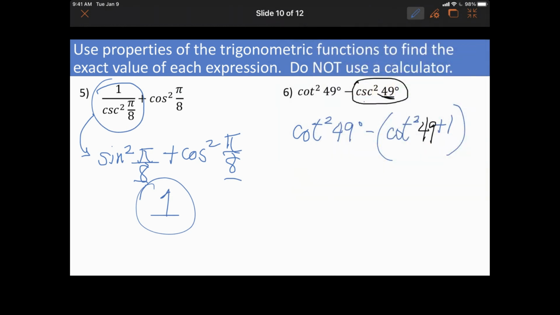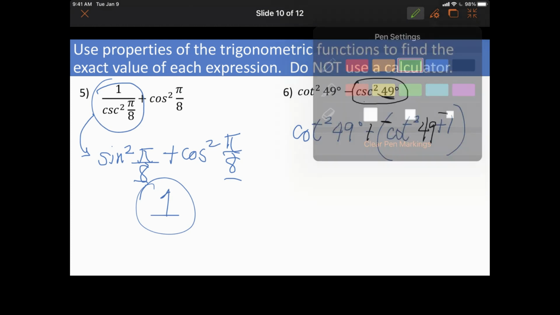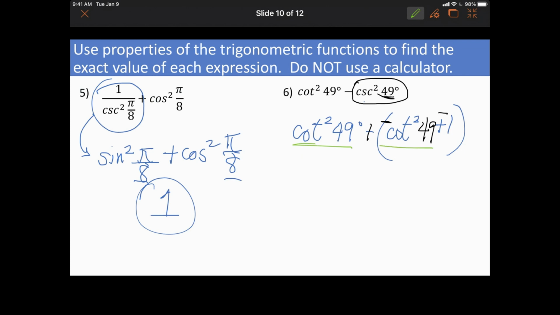The parentheses are important because when you change the signs, this 1 becomes negative because you have to distribute it. Cotangent squared 49 equals 0 minus 1. So the answer is negative 1.